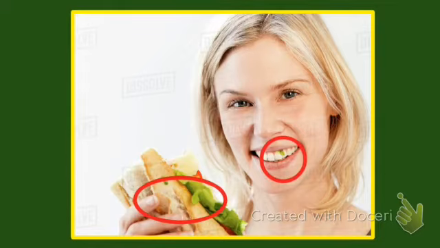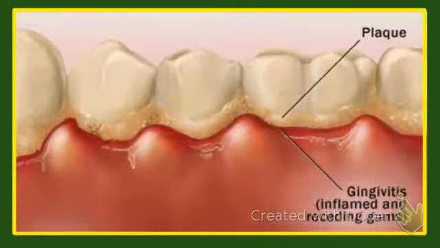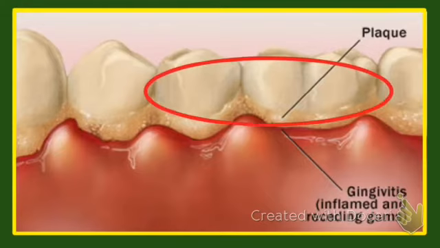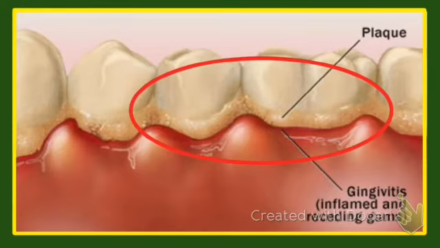As we eat, small bits of food get stuck in the spaces between our teeth. These small bits must be cleaned out, otherwise a yellow sticky film known as plaque develops.